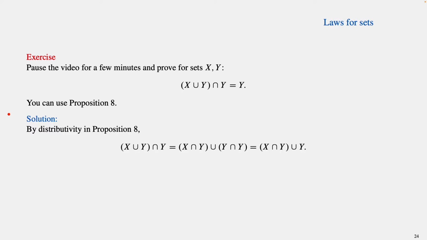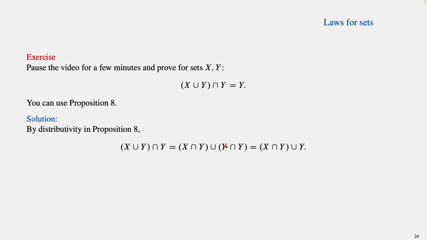All right, let's see how we do this, and you can compare your solution approach to mine. So we use the distributivity from proposition 8 to rewrite our set from the left-hand side, X union Y intersected with Y, as the union of X intersected with Y and Y intersected with Y. Now, of course, if I intersect a set with itself, it's just the original set again.